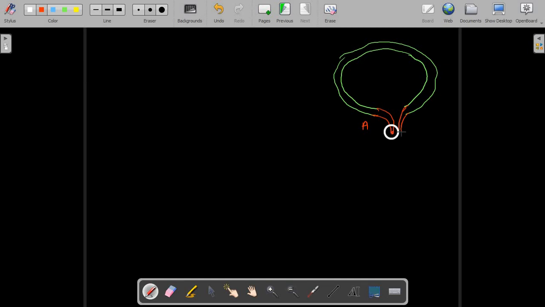I have connected the points A and B with this battery. Suppose this is a battery, and this wire is connected. And on the other side there is a bulb connected.